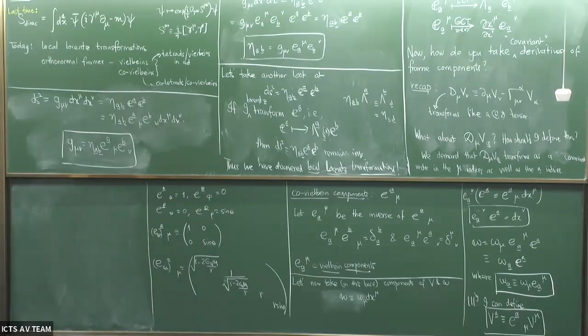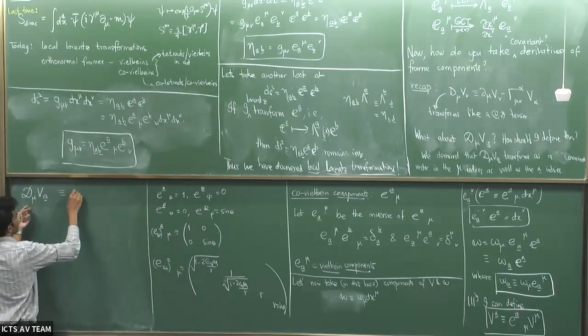Anyway, so how do you do this? You want this to transform as a covariant vector in this as well as that. The simplest way to do that is to do this.